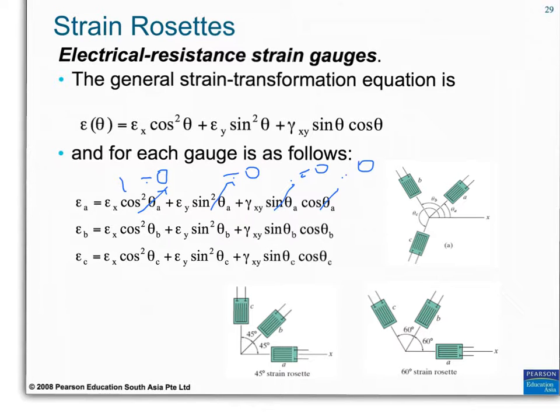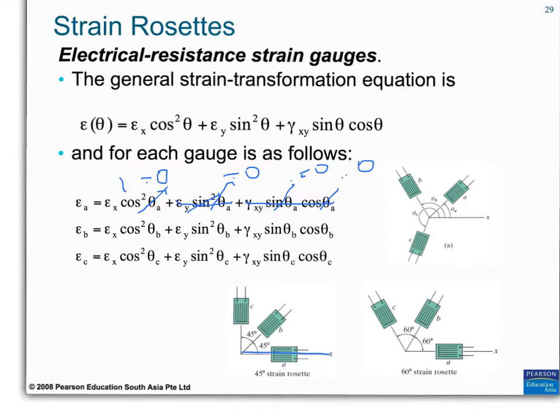Sine squared or sine theta is 0, so that one drops out. Sine theta is 0, so that drops out. So we can see strain in the A equals strain in the X. So we solve for one of our unknowns straight away. And that's, I guess, fairly intuitive. If you put a strain gauge in that direction, you're going to measure that strain.